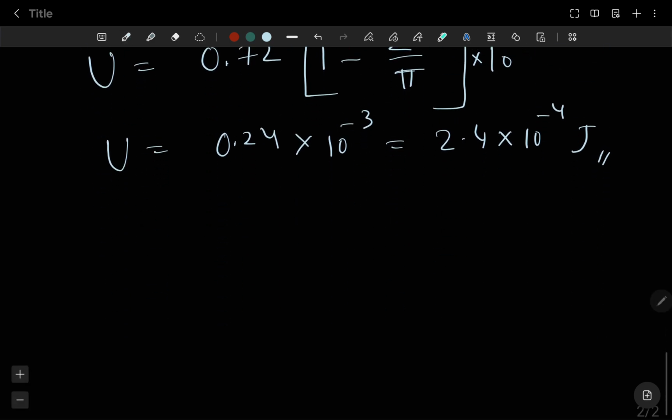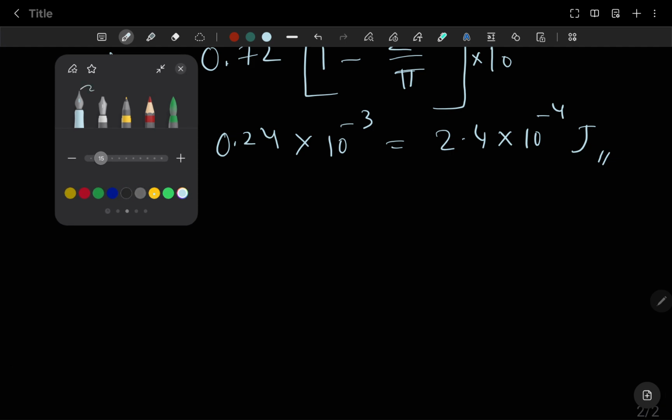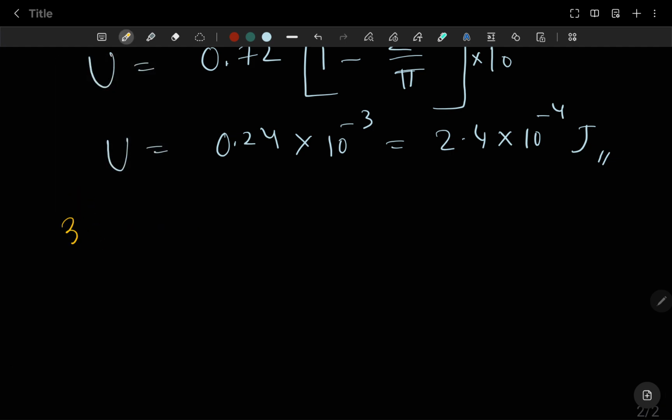Now let us do problem number 3. Problem number 3 is extremely important for the boards. This type of problem is very common in boards questions.